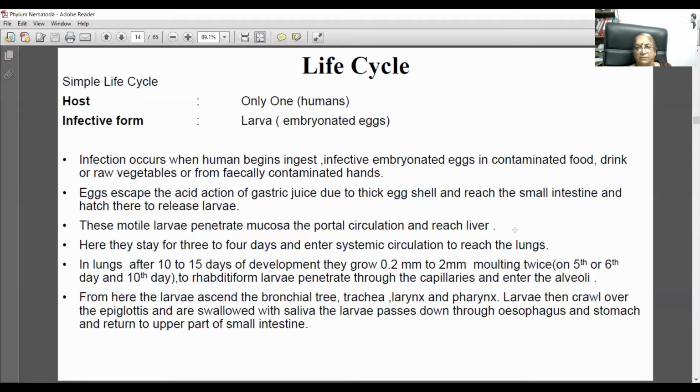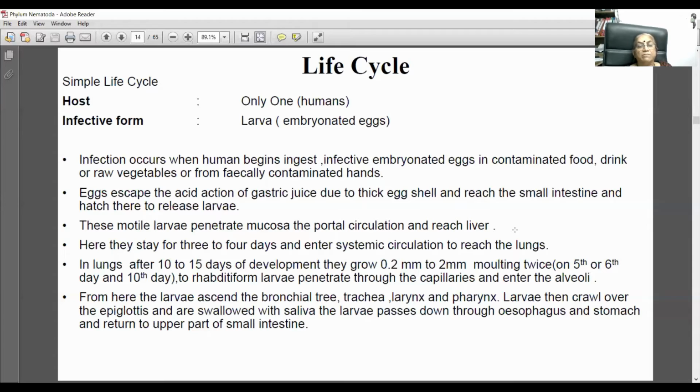They are thick ones, so they will not break there. But once they pass the duodenum and reach the intestine, at this area they start thinning. And once they reach the small intestine, the eggshell breaks and the larvae are hatched.